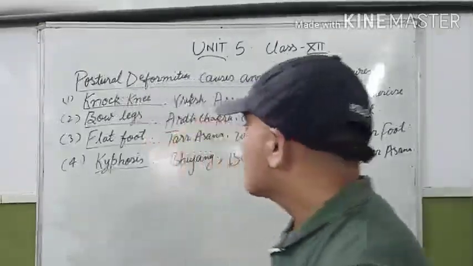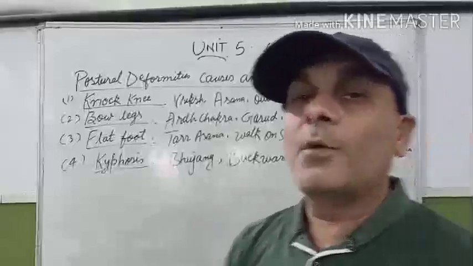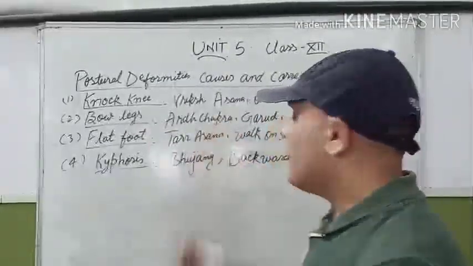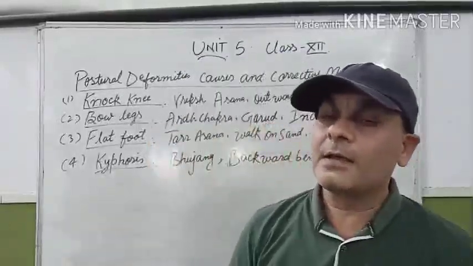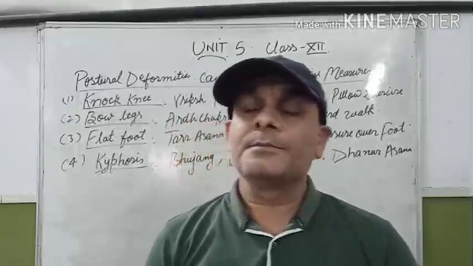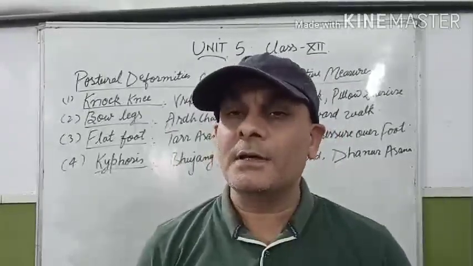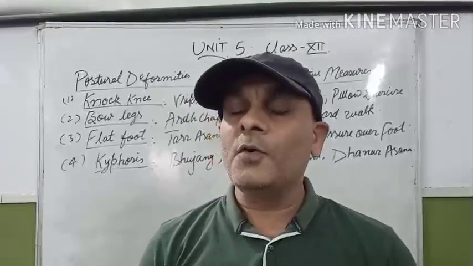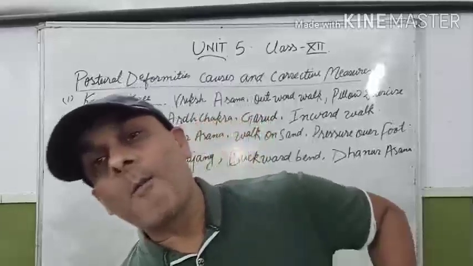Now come to the corrective measures of bow legs. The first corrective measure of bow legs is called Ardha Chakrasana. In Ardha Chakrasana, you have to stand with both legs close to each other, parallel to each other, and try to bend sideward.